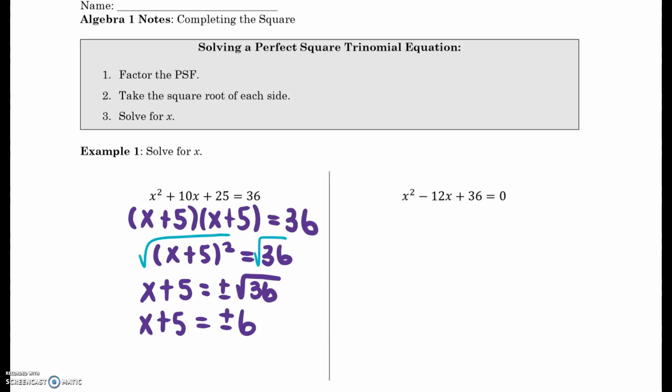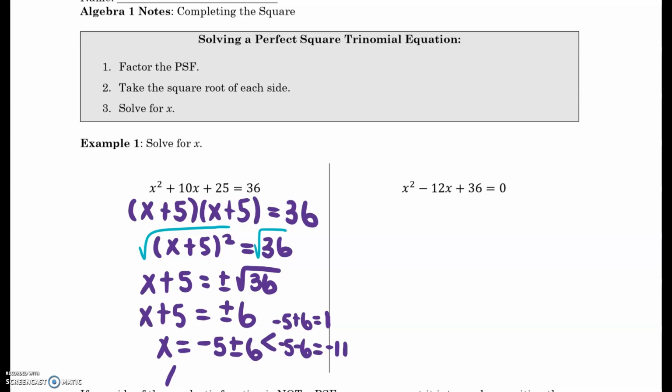Now we are going to isolate our variable x, and we find that x equals negative 5 plus or minus 6. Once we split, negative 5 plus 6 gives one root, which is 1, and negative 5 minus 6 gives the other root of negative 11. So in this case, x equals negative 11 and 1.